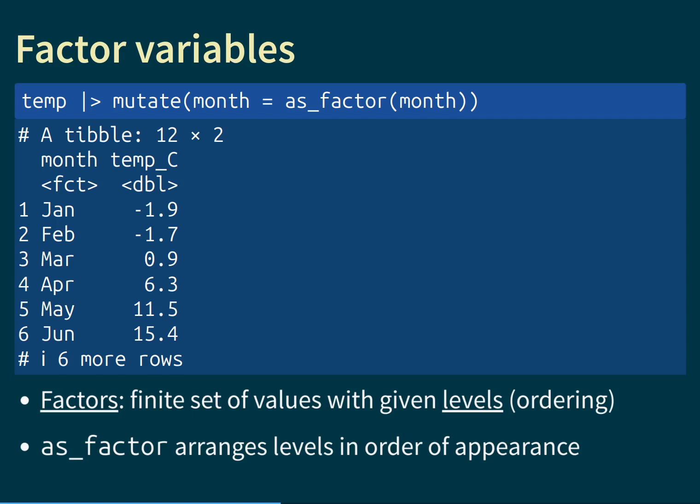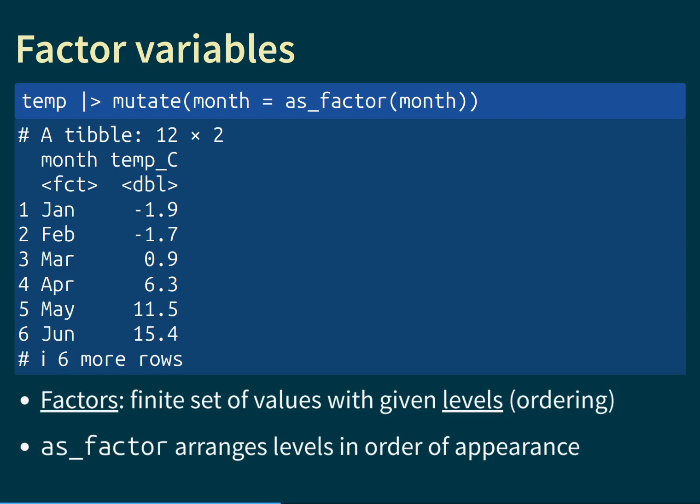The as_factor function converts quantities into factor variables, but it does something clever in the meantime, namely, it automatically determines the levels of the factor in the order of appearance in the table.